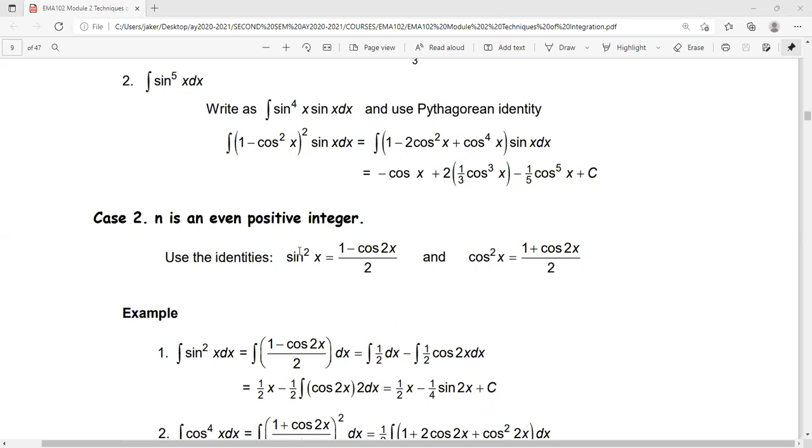You will convert the sine squared of x and the cosine squared of x to its equivalent identity containing the double angle cosine. The only difference between the sine squared and the cosine squared is the sign that separates 1 and cosine 2x in the numerator, but the denominator is the same. So for sine squared x, it's minus. For cosine squared x, it's plus.